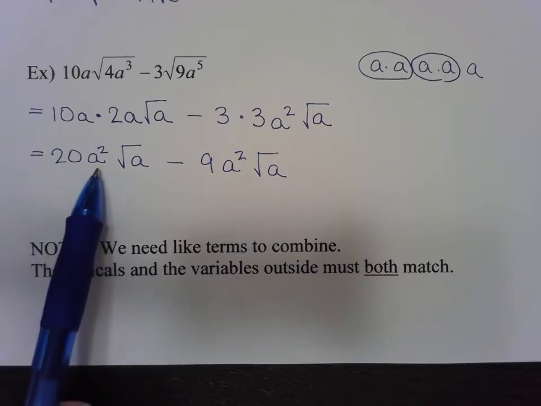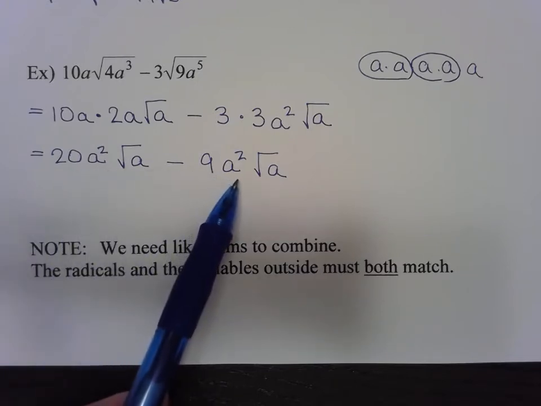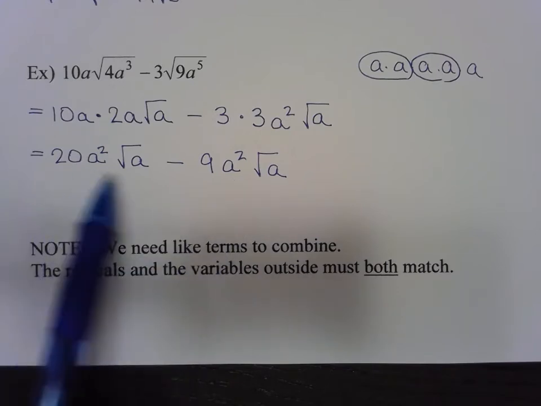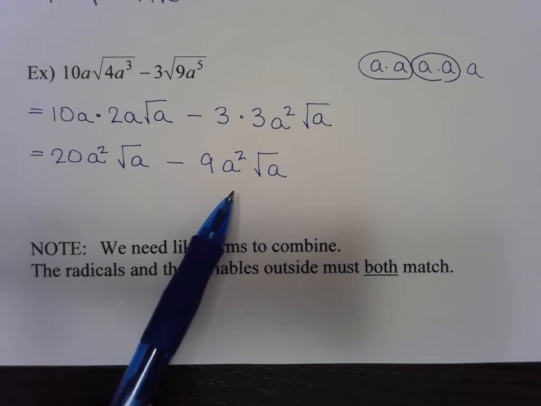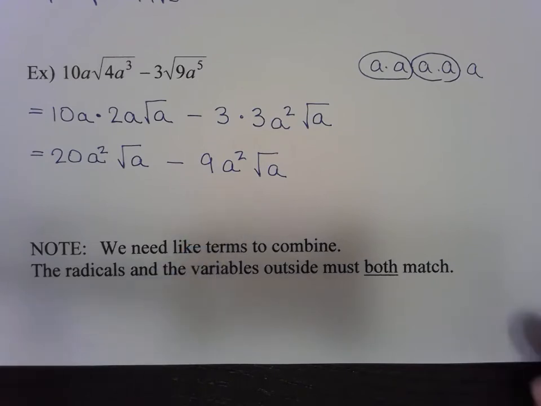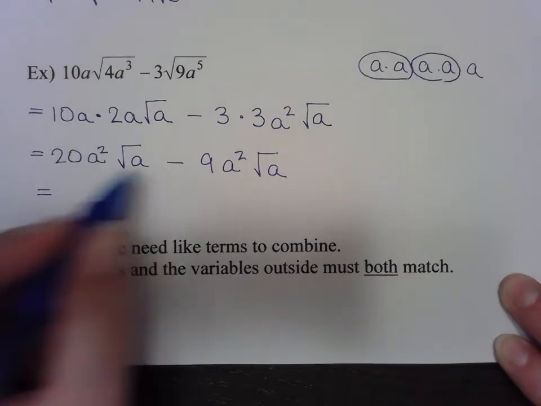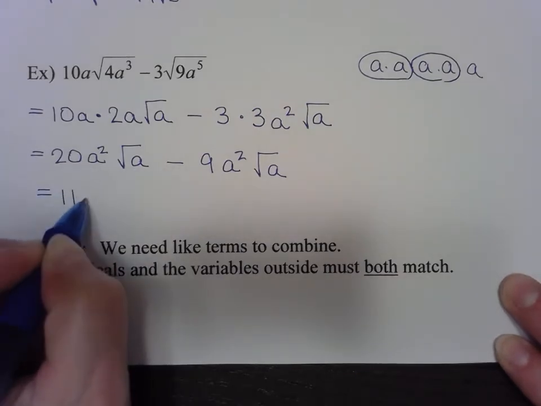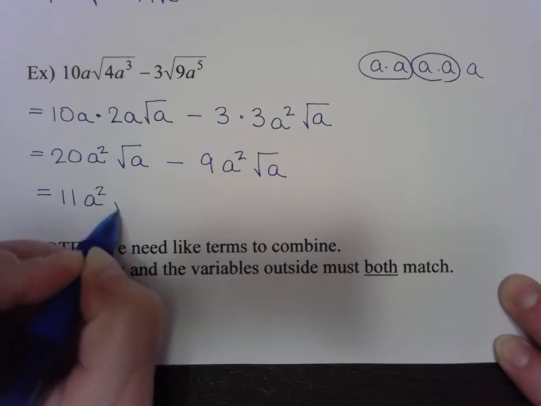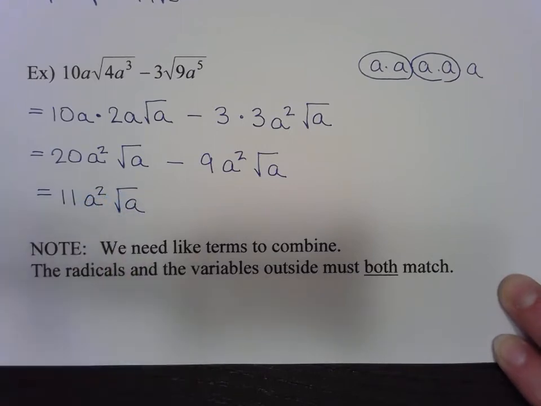Since I have an a squared out front and an a squared out front, I'm okay. I can combine these. If the variables on the outside of the square root were not the same, I would be stuck. I wouldn't be able to combine them as easily. But for this example, I can. So 20 minus 9 would leave me with 11a squared square root of a.